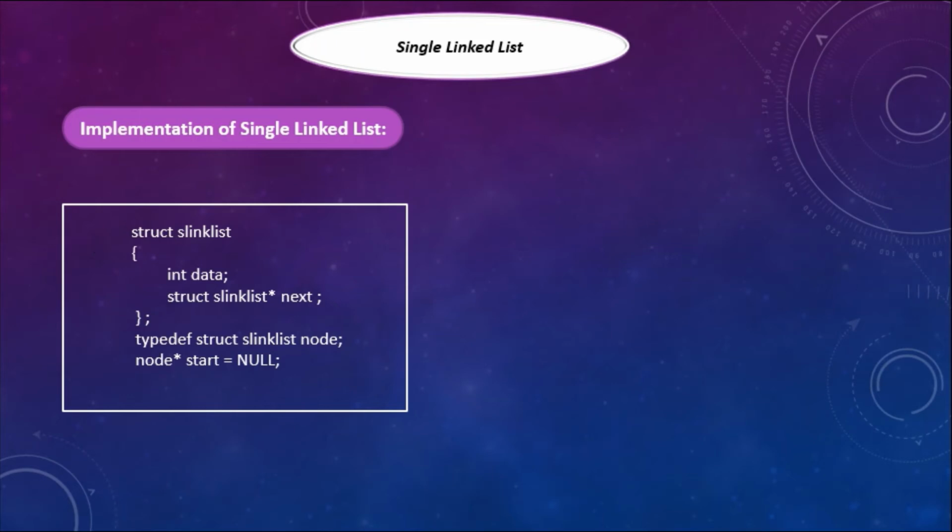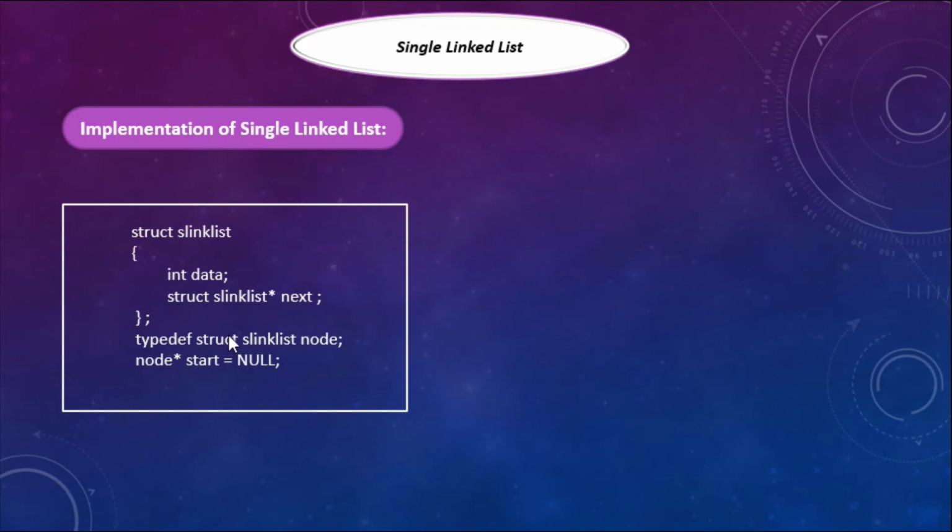As you can see, we have just created a structure named linked list. In that, one field is data, which is of int type, and the other is a pointer to the structure itself, a self-referencing pointer of the same structure.